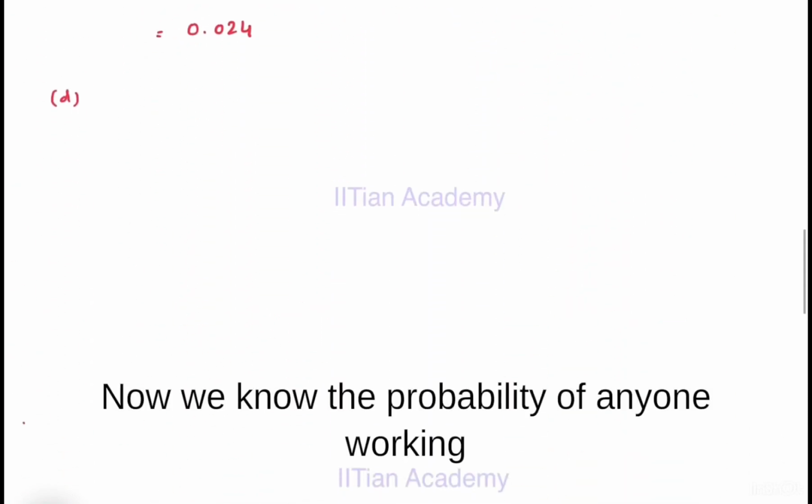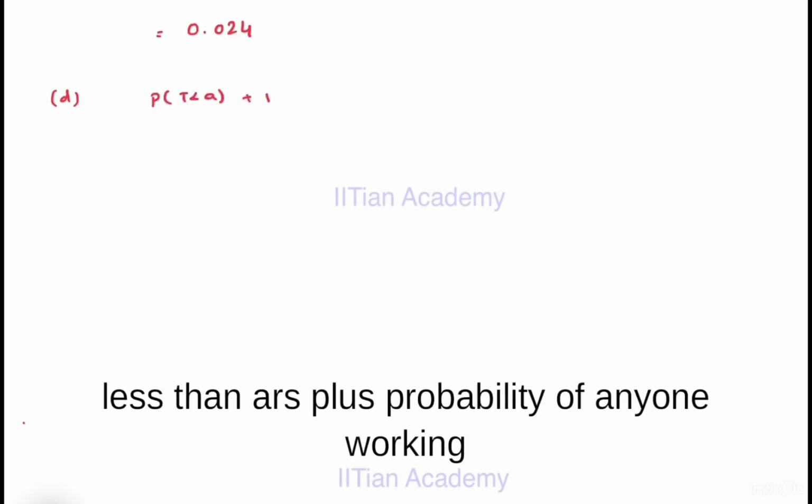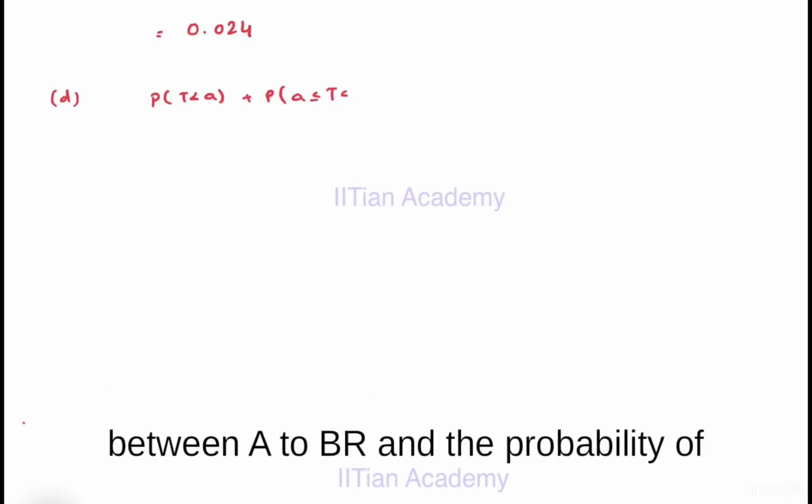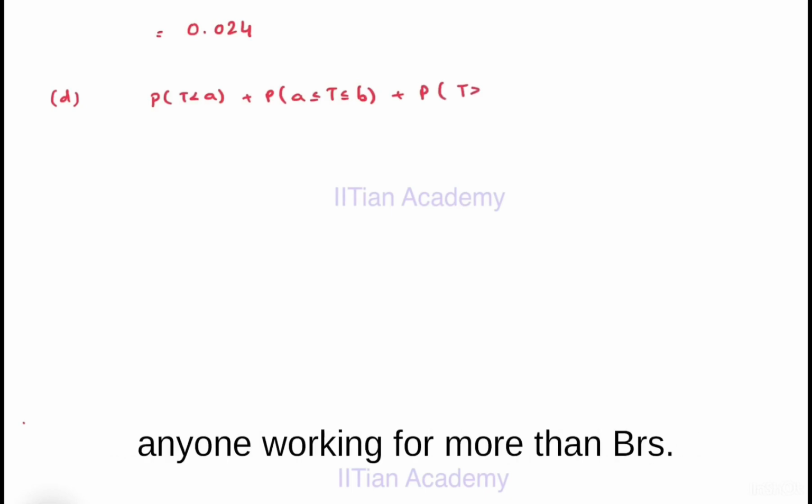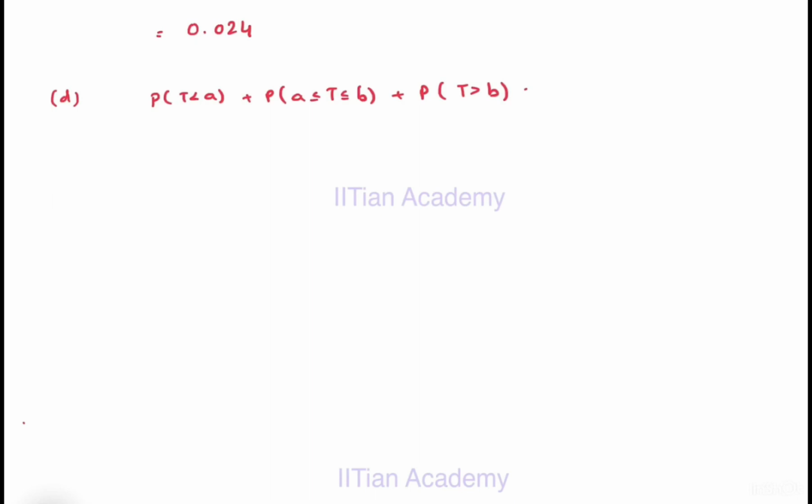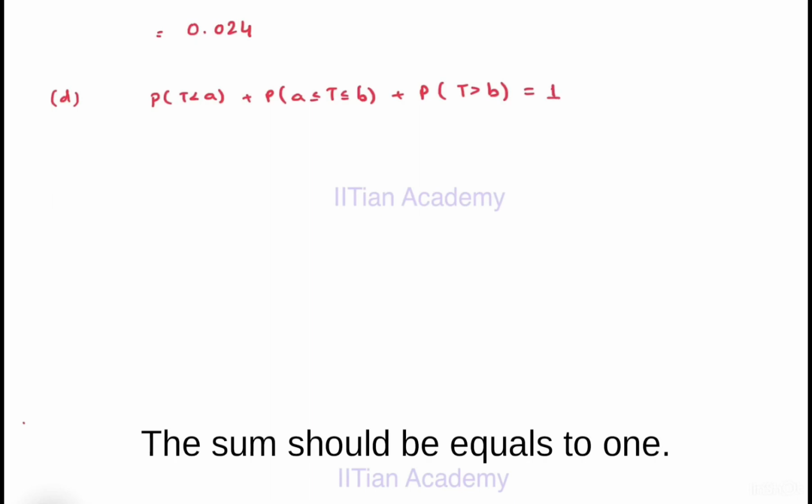Now we know the probability of anyone working less than A hours, plus the probability of anyone working between A and B hours, plus the probability of anyone working for more than B hours, the sum should be equal to 1.